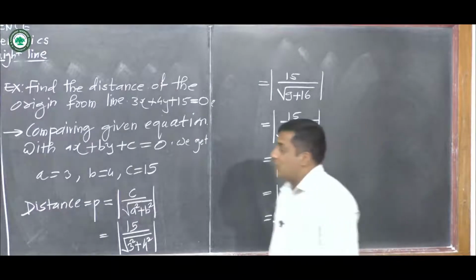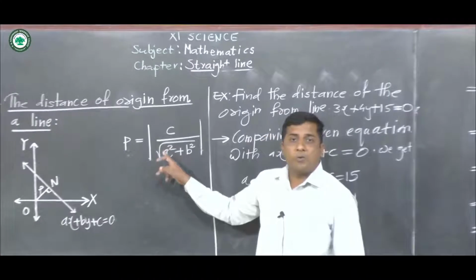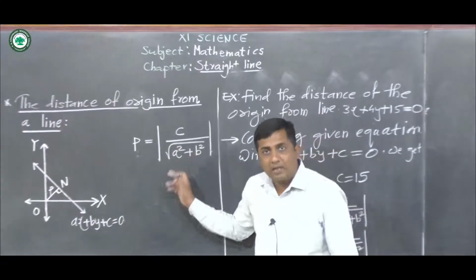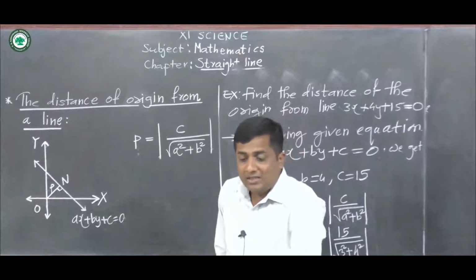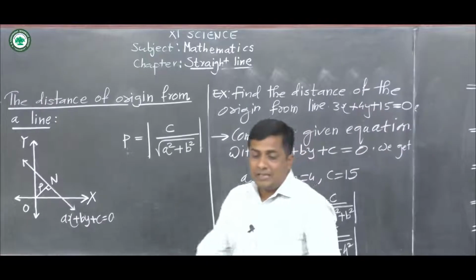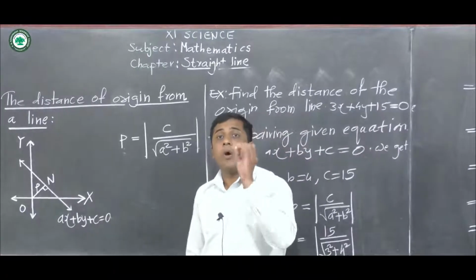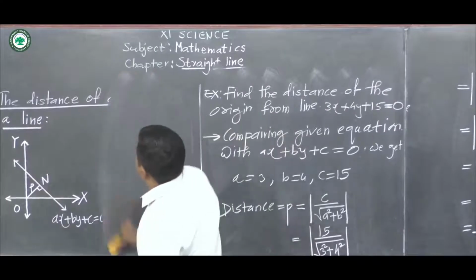So directly by using our formula, p is equal to inside the mod c upon square root of a square plus b square, we find the distance. Okay, let's go with our second part in this chapter, and in that we find the distance of a point from a line. Okay, so we go with a new point.